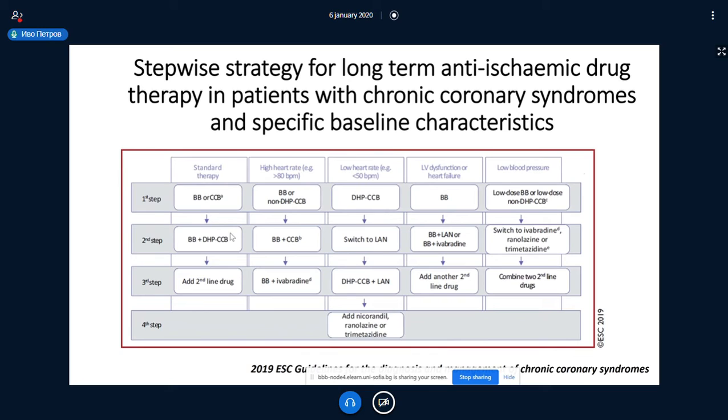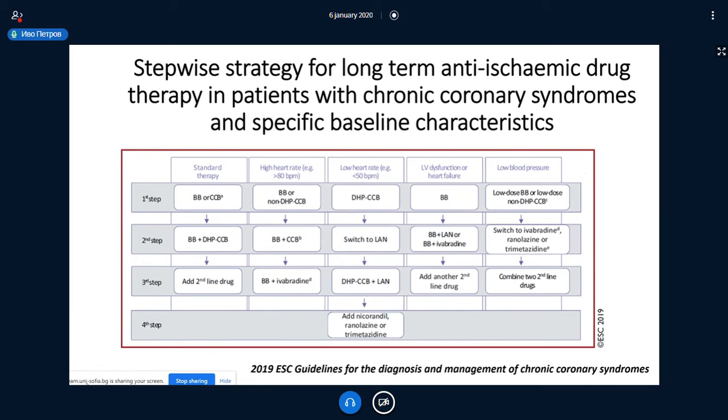So we have to have in mind not only that the patient has angina or chronic coronary syndrome, but also which other diseases the patient has, in order to decide what kind of medication we are going to choose at a particular moment. And of course, more than obvious, we are not starting with all this medication at once.